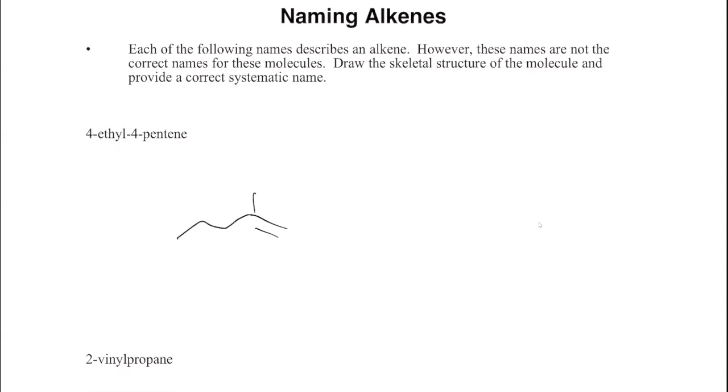In this case, they're naming it like this. But what you can really do is go from the opposite side, so it's 1 and 2. So it should be 2-pentene, or 1-pentene. Something like that.